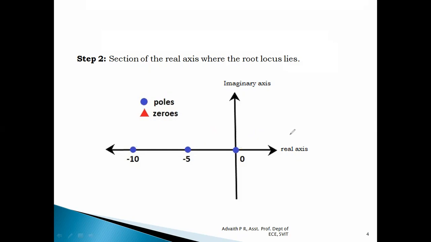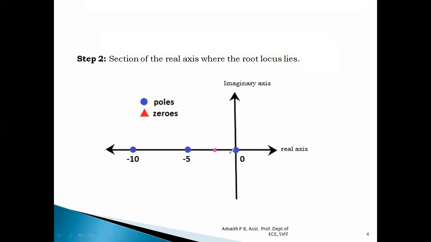To find the root locus, how the root locus has to be plotted, we place a test point somewhere over here. If I place a test point, towards the right hand side of this test point we have one pole, which is an odd number. Whenever there is an odd number of poles and zeros, only then root locus exists.